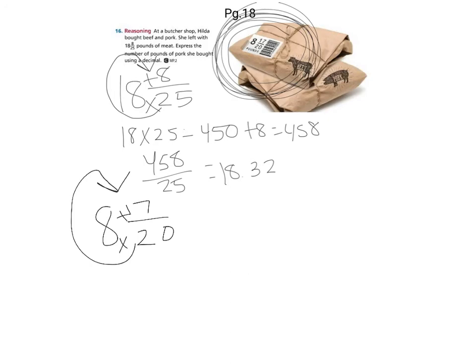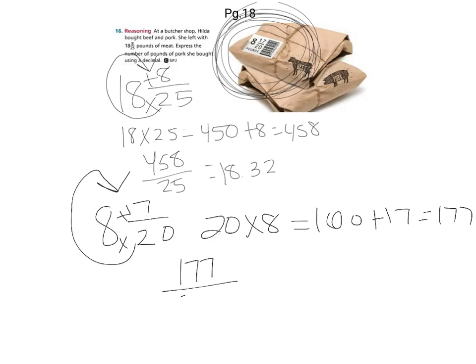So we do 20 times 8. And what do you get? 160 plus 17. And what do you get? 177. So our new fraction is 177 over 20. And we know that that equals, by using our calculator, 8.85.